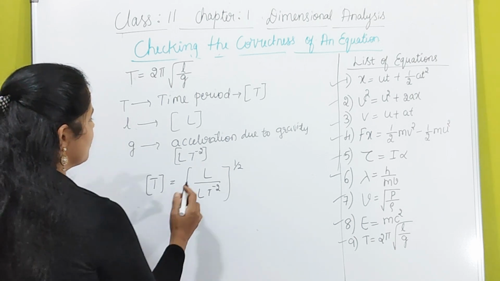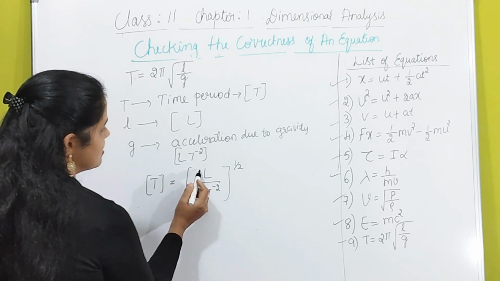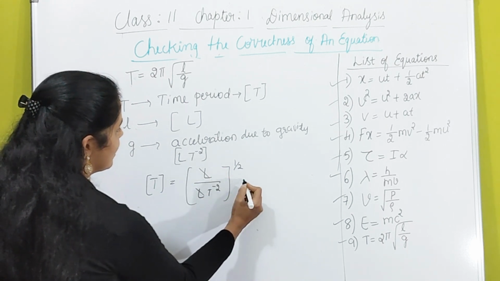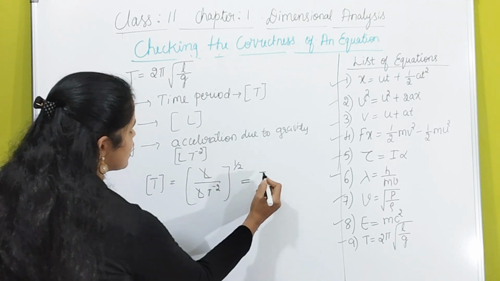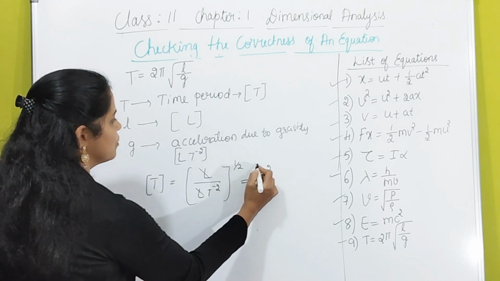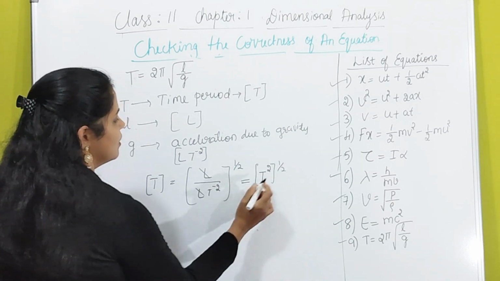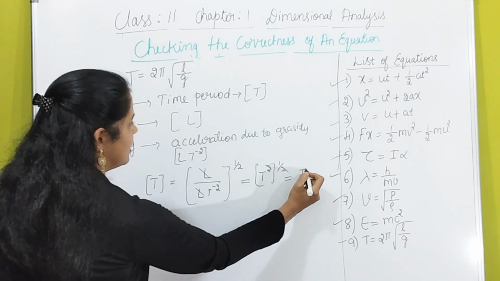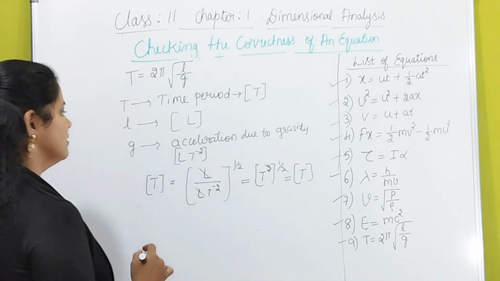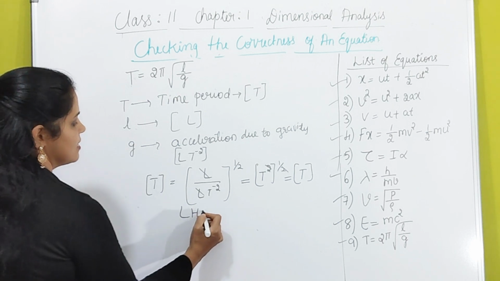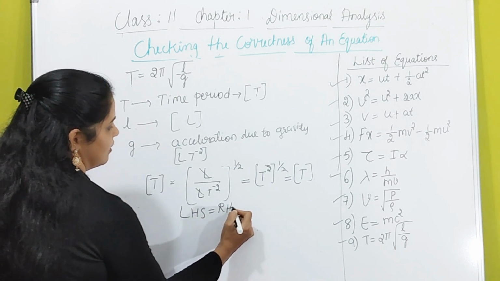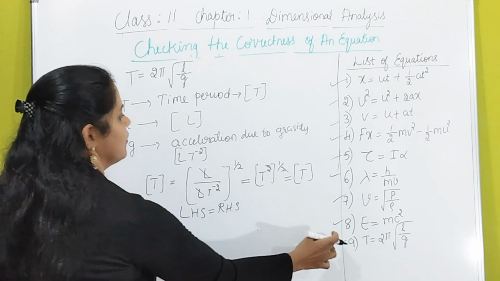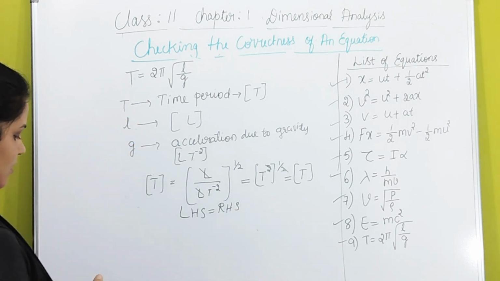L and L cancel. T to the power minus 2, when it comes to the numerator, becomes plus 2. T to the power 2 to the power half, and 2 into half cancel. So the remaining is only T on the right hand side. Therefore LHS and RHS are equal, and hence the given equation is dimensionally correct.